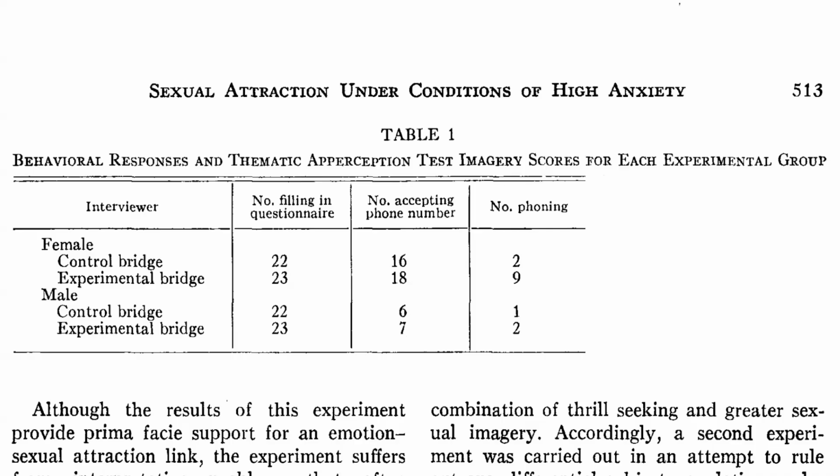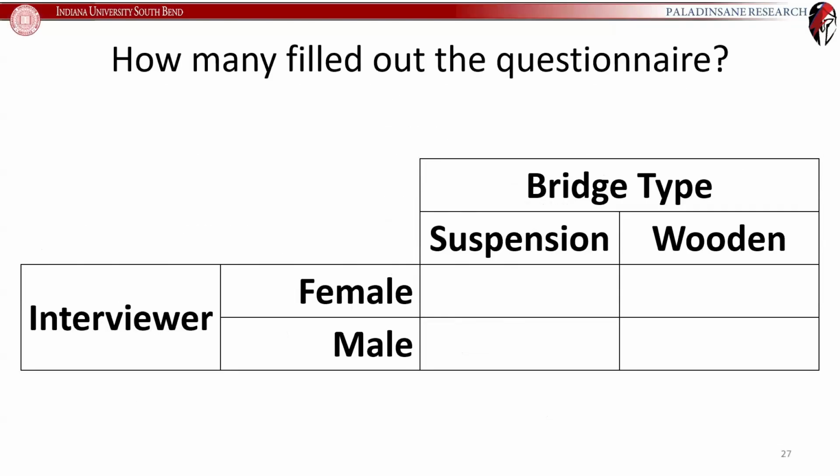It's efficient in terms of space, but it's not efficient in terms of understanding, because they combine multiple categorical variables into the same table rather than making one table for each categorical variable. So that's what we're going to do, because this is an intro to statistics course. We're going to take this rather complicated table and break it down into each of those categorical responses. And we're going to start with how many filled out the questionnaire.